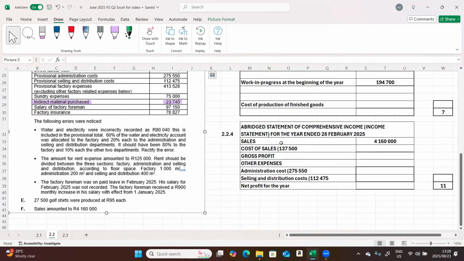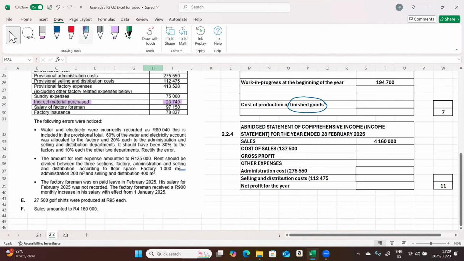But this amount comes from our production cost statement, the cost of production of my finished goods. Can you see that this 137,500 is a finished goods balance, and over here we also have finished goods? So this is how you can remember that the final answer of your production cost statement is the cost of production of finished goods.